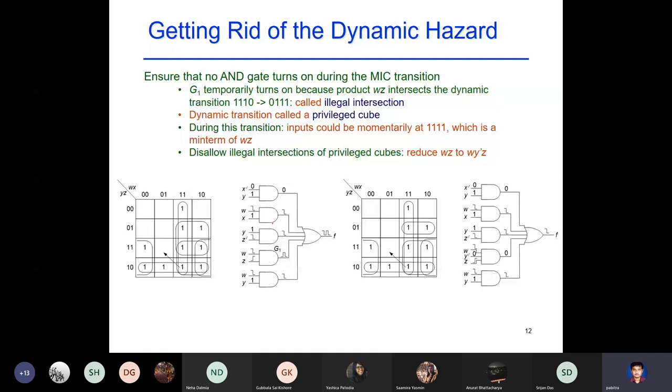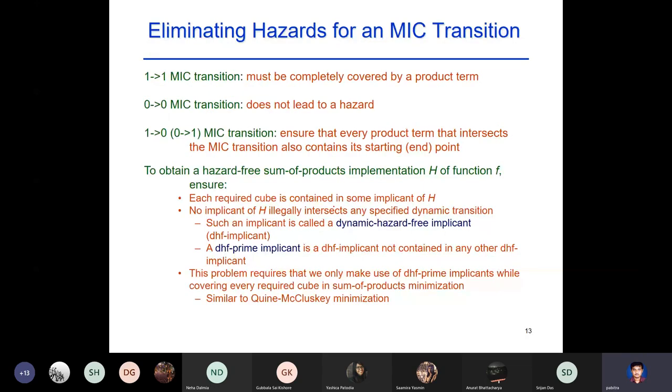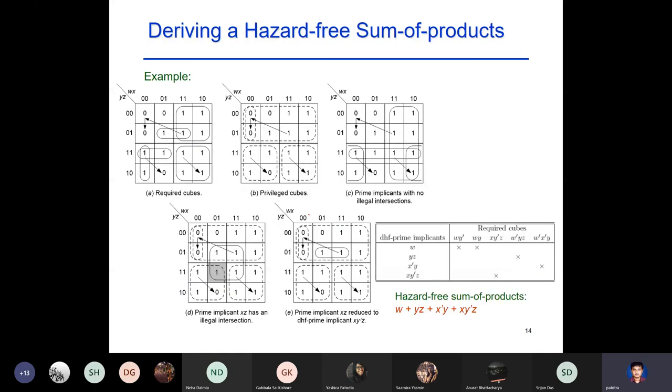The problem of finding dynamic hazard-free implicants requires a Quine-McCluskey type of minimization. Here is an example. If you look at this chart, this is a MIC in the sense that this transition, this transition, and this transition can all happen. These arrows represent the MIC transitions.